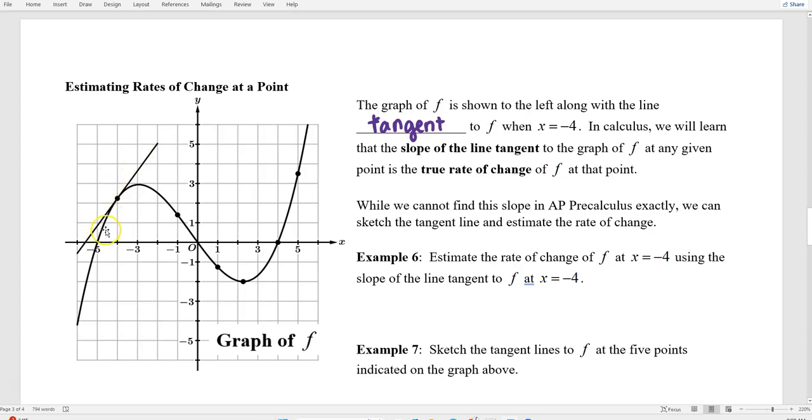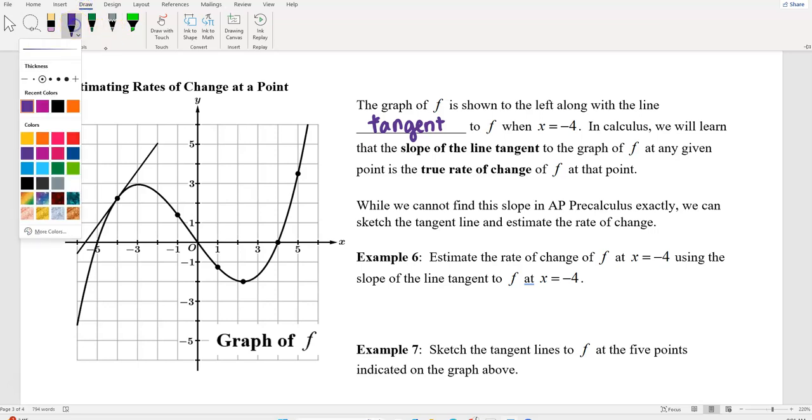Now, Mr. Passwater is a little bit difficult here because those do not go perfectly through grid lines, do they? Even this one right here is close, almost grid lines, but not quite. He didn't give us one that was easy, right? But we're just estimating at this point.